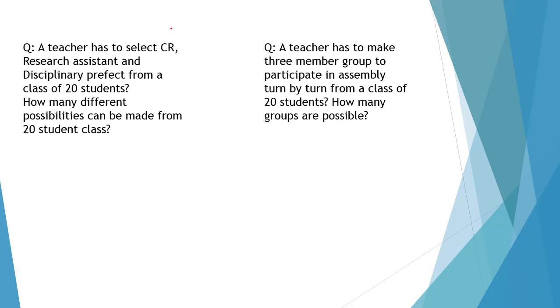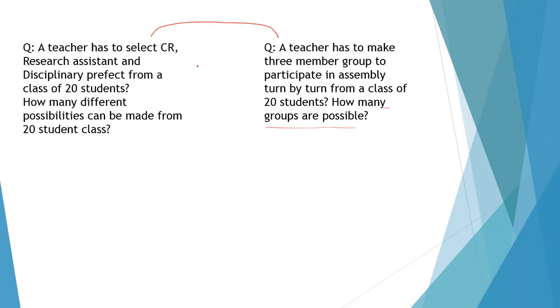Now in word problems, you should be able to differentiate between a permutation question and a combination question. A teacher has to select a CR, research assistant and disciplinary prefect from a class of 20 students. How many different possibilities can be made from a 20 student class? A teacher has to make a 3-member group to participate in assembly, turn by turn, from a class of 20 students.